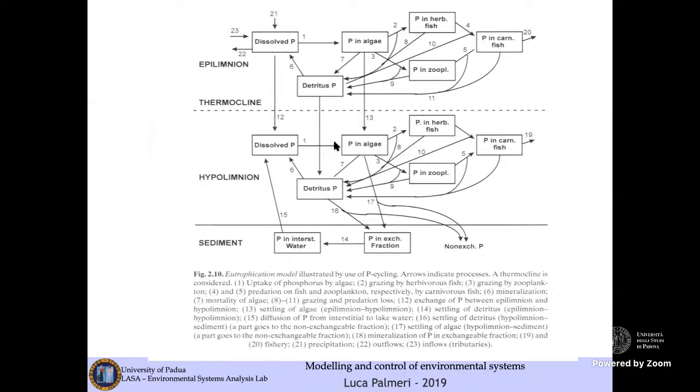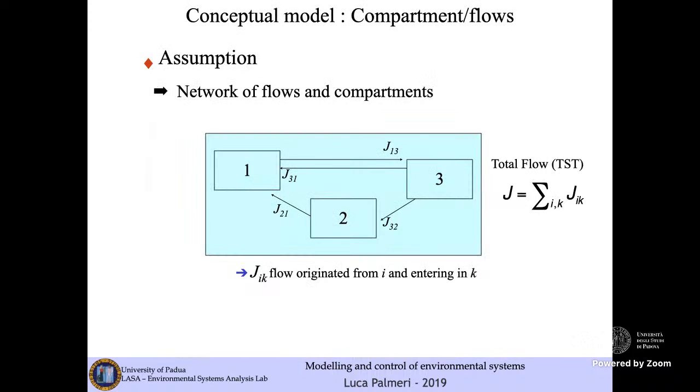But we have also processes describing spatial movements. For example, let's look at process 12. Process 12 is exchanges of phosphorus between epilimnion and hypolimnion. Process 13, settling of algae from the epilimnion to the hypolimnion. 14 is settling of detritus.